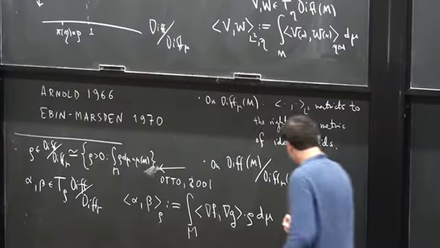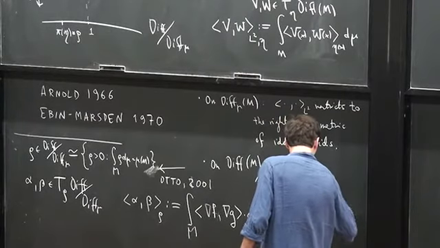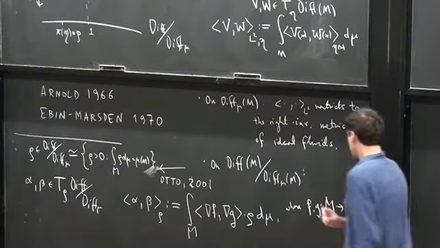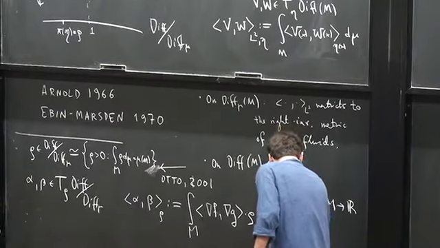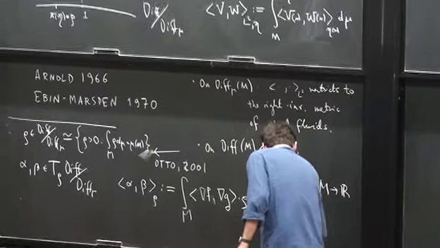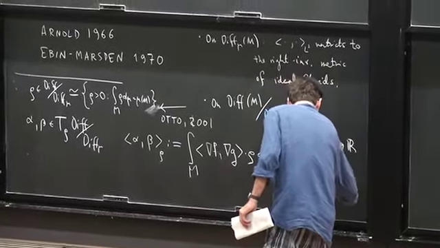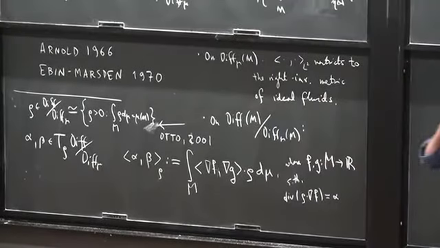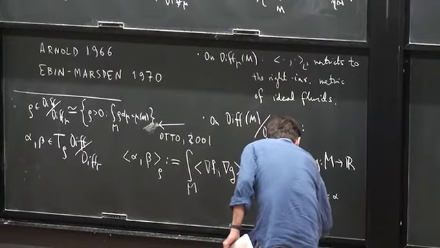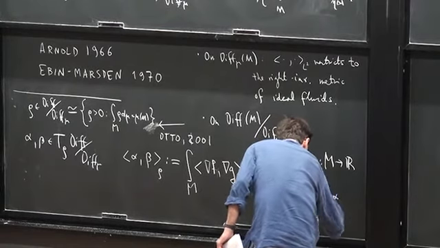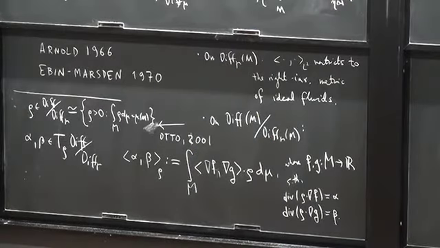These are functions on M such that the divergence of rho times the gradient of f is alpha. This is how alpha is defined. And similarly, the divergence of rho times the gradient of g is beta. Okay, so Otto introduced this in 2001.